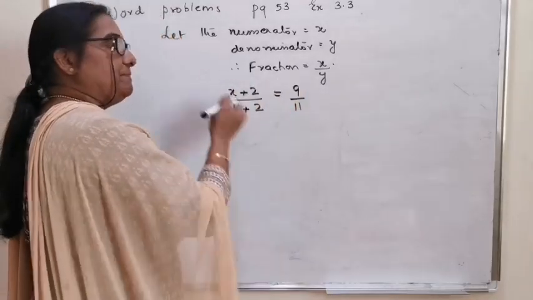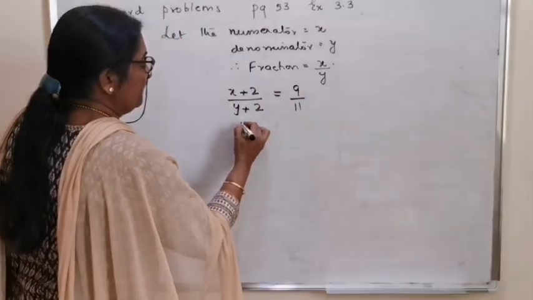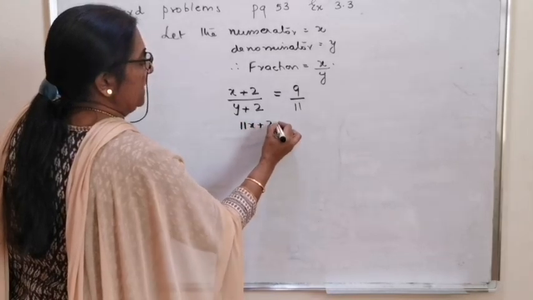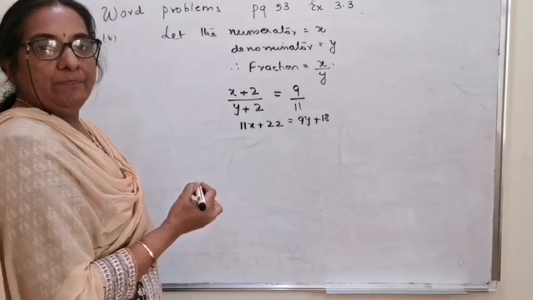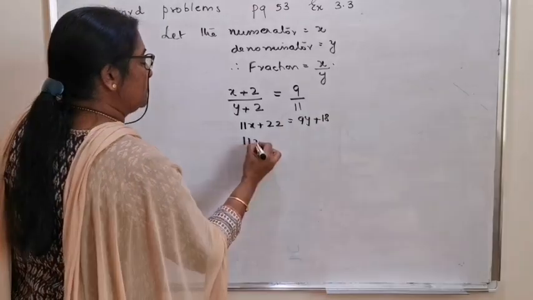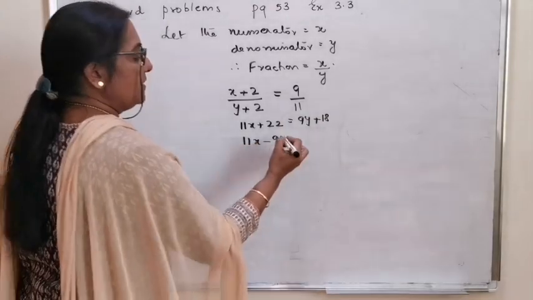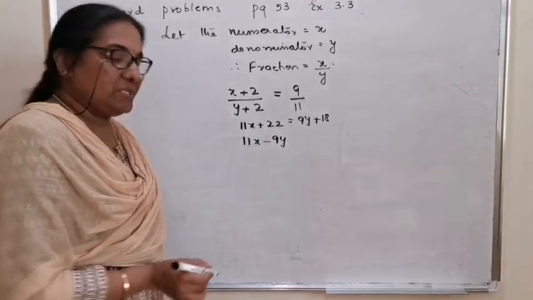If you cross multiply, you are getting 11x plus 22 is equal to 9y plus 18. You make it into the standard form of ax plus by is equal to c.